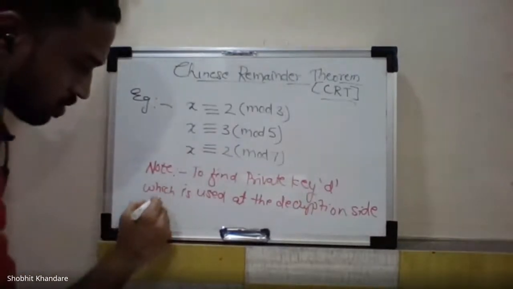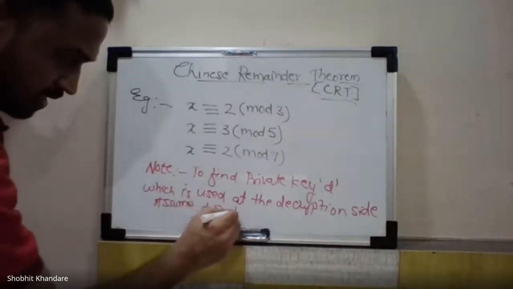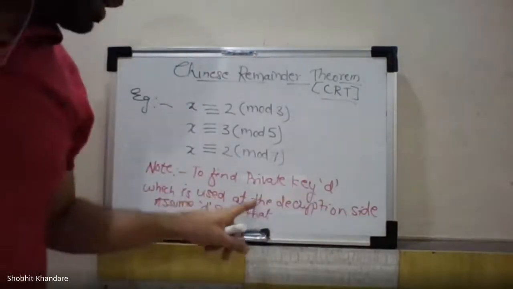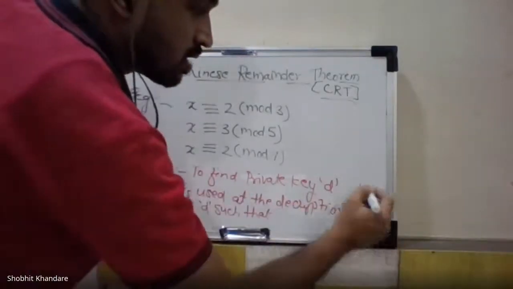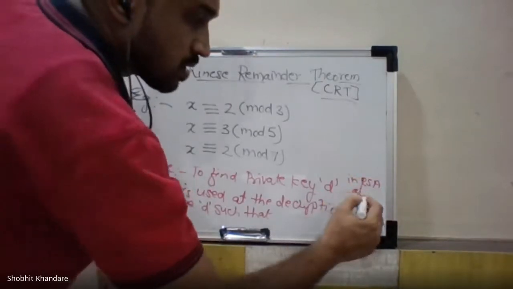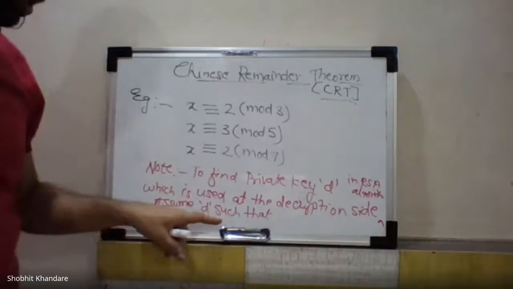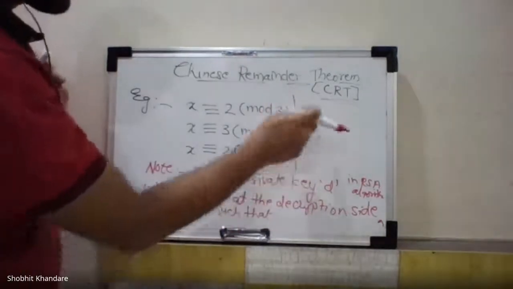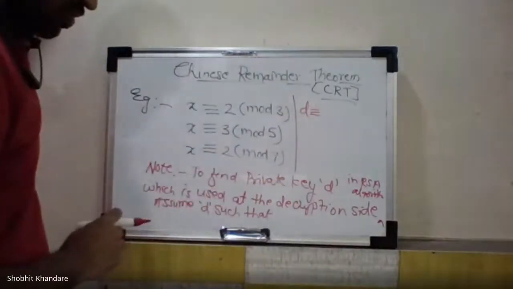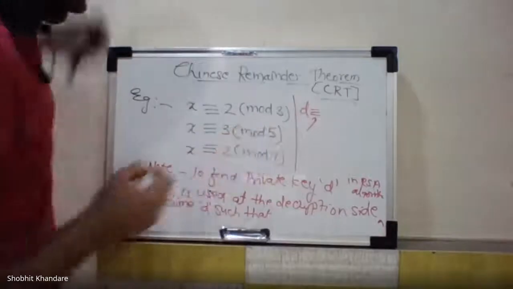After this write: to find the private key d which is used at the decryption side in the RSA algorithm, assume d such that d congruent to, and this is also called, write an arrow, congruence modulo.